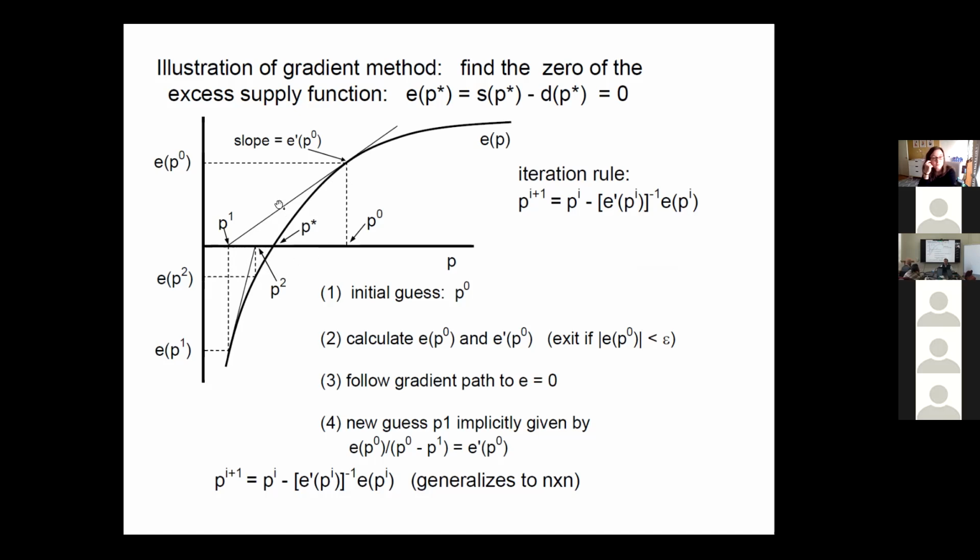If this thing is well behaved, this iteration will converge to the solution you're looking for. And this generalizes to n equations and n unknowns. The iteration rule is: the new vector is the old vector minus the inverse of the Jacobian of the system times E of P. So you can do this with 1,000 equations.